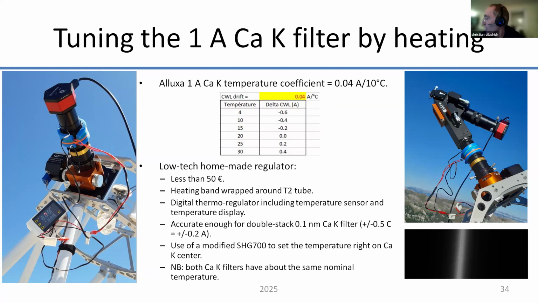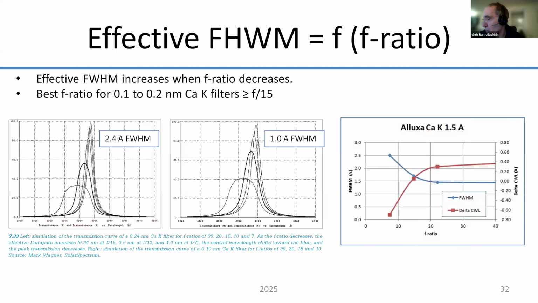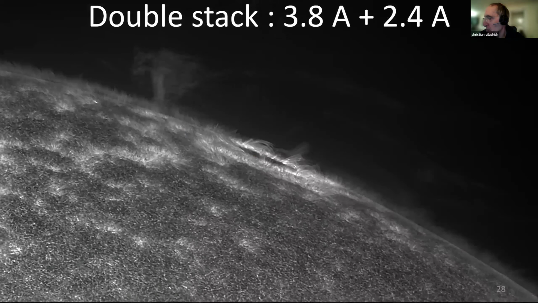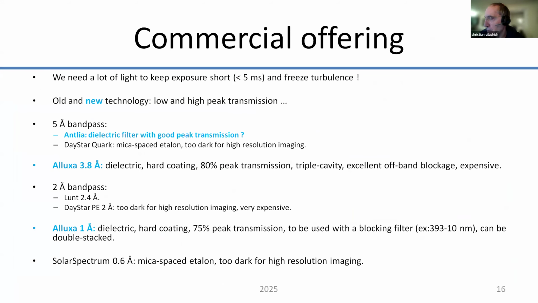In fact, you know there is one or maybe two guys, one on Cloudy Nights and the other on Solarchat, I don't remember his name, I'm sorry, but they have this 0.6 angstrom Solar Spectrum filter, and the exposure time was really, really long.